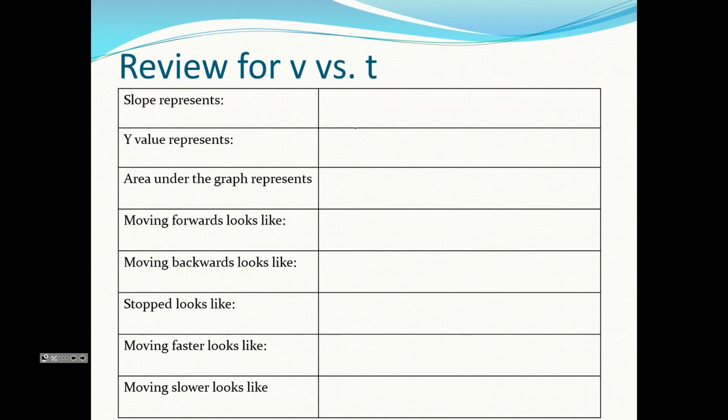For V versus T, slope represents acceleration. Your Y value represents your speed. Area under the graph represents your distance. And moving forward, we draw these with this being 0 right here. So moving forwards is above the x-axis.